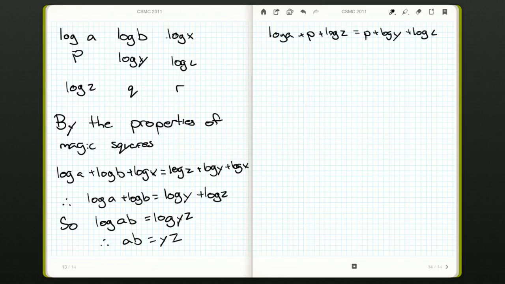Right? We've chosen to add up this column and this row specifically because they both intersect at P. And so P will be common to both sums, and we can ignore it.